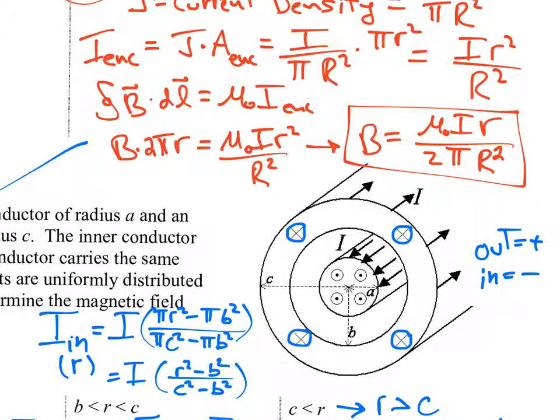So the current that's flowing into the paper at our radius is I, which is the total current. And then we have to use some proportions here.